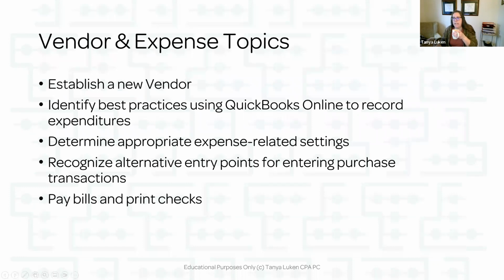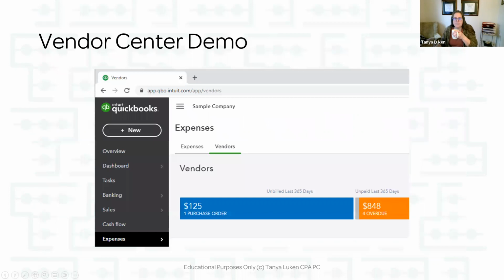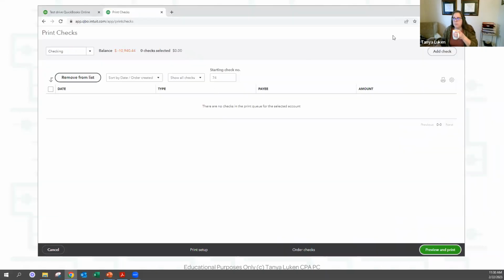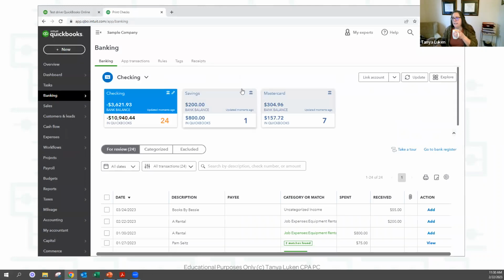So we covered these. Someone asked, do you get reminders when things are due? Yes. It's on your dashboard.